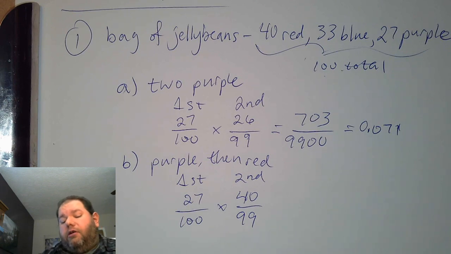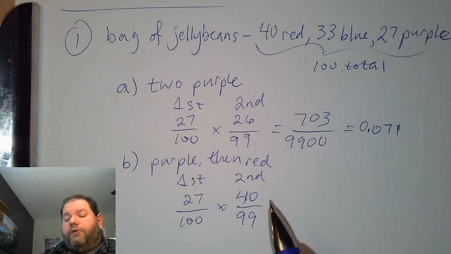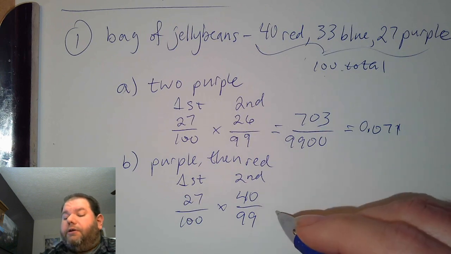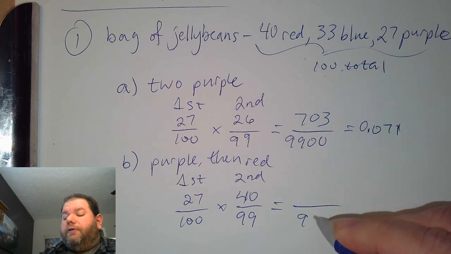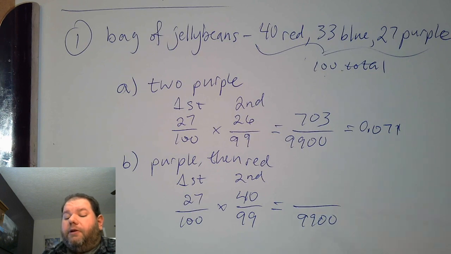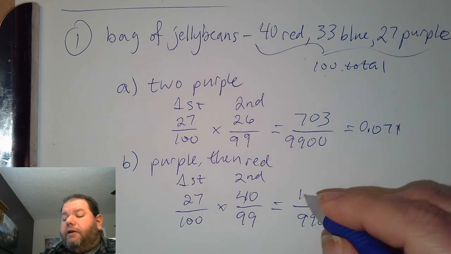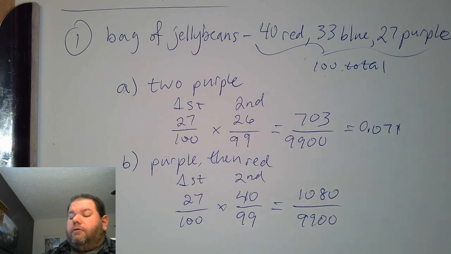So 27 over 100 times 40 over 99. It's still 9,900 on the bottom. 27 times 40, that's 1,080, I believe. Yeah, we'll go with that.